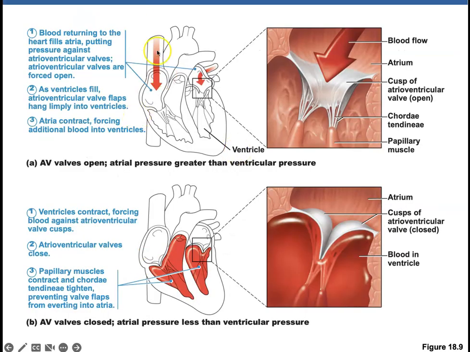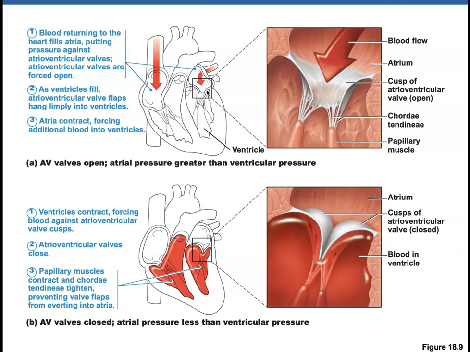When you look at this image, here is the blood returning from the superior and inferior vena cava and the coronary sinus, and on the left side you've got the blood returning to the left atrium. What I want you to understand is that the blood returns to the left and to the right at the exact same time. Most of the time when you learn blood flow through the heart, people learn the order of deoxygenated blood as it enters the heart, passes through, and goes to the lungs.